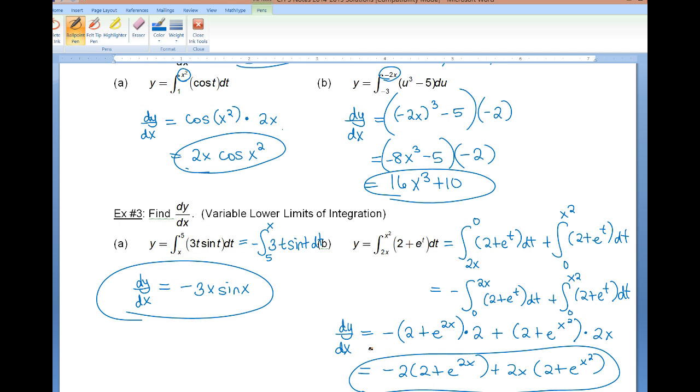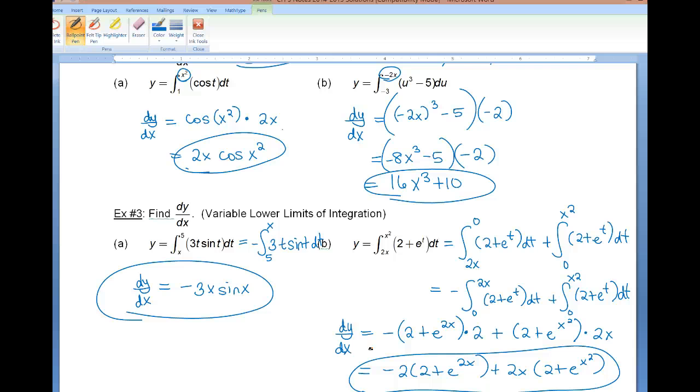Okay, so if you were to actually evaluate, let's say you wanted to do 2b, just do the antiderivative. What's the antiderivative for this? It's going to be u to the 4th over 4 minus 5u, right? And we want to evaluate this from -3 to -2x.